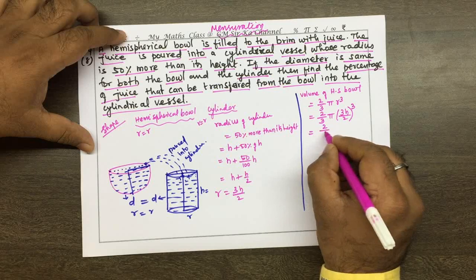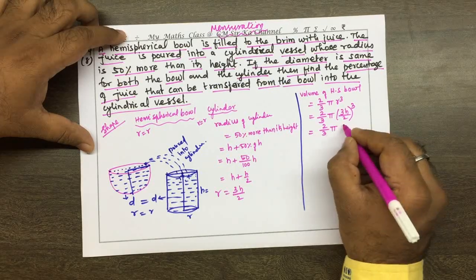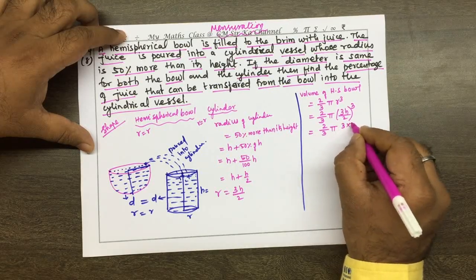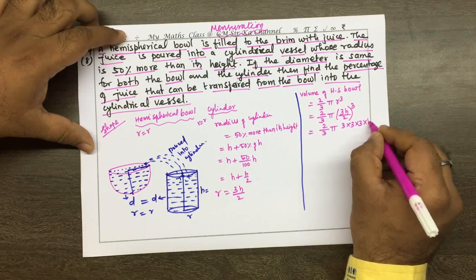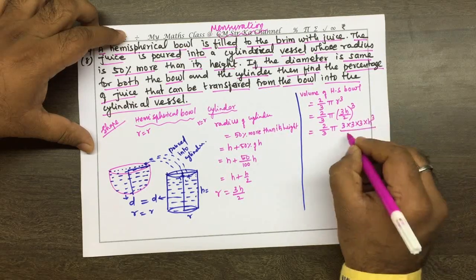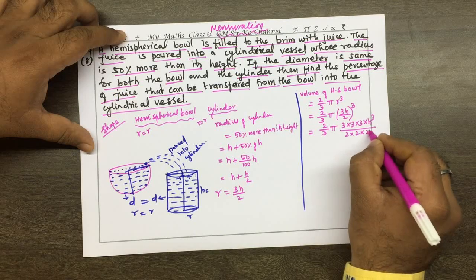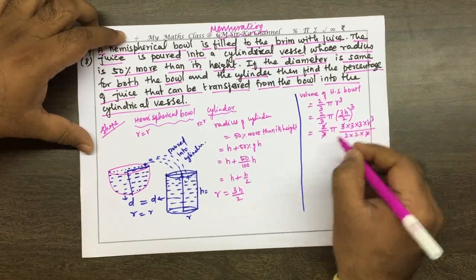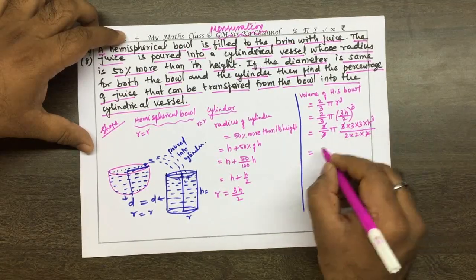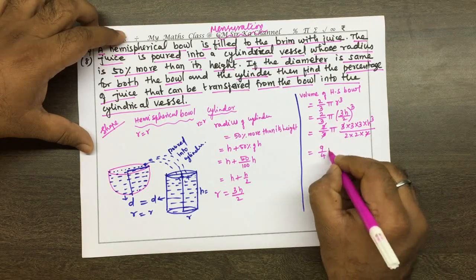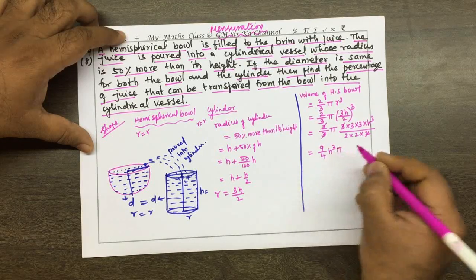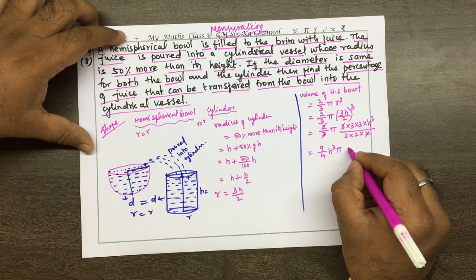So 2 by 3 pi, 3 into 3 into 3 into h cube by 2 into 2 into 2, which gives 9 by 4 h cube pi cubic units.